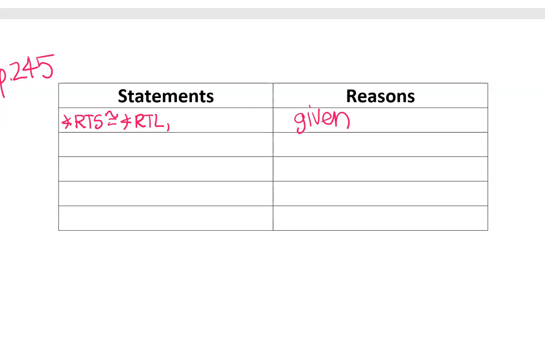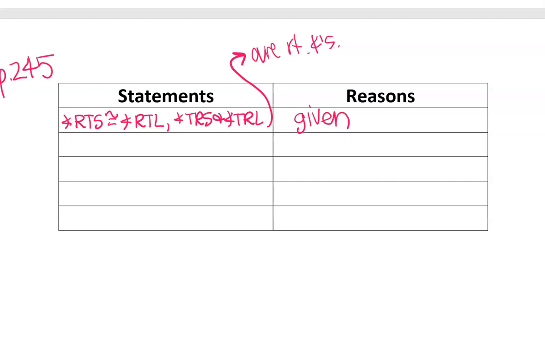And angle TRS and angle TRL are right angles. So don't forget that part, even though it's kind of specified in words.